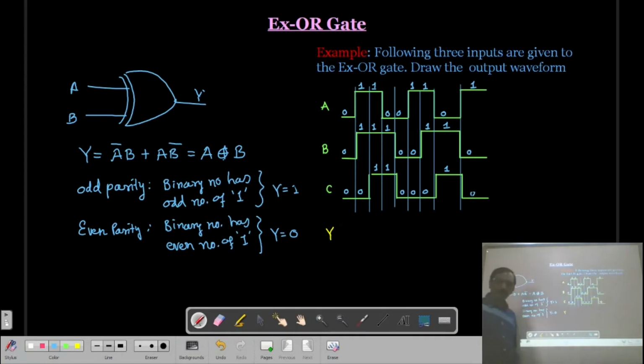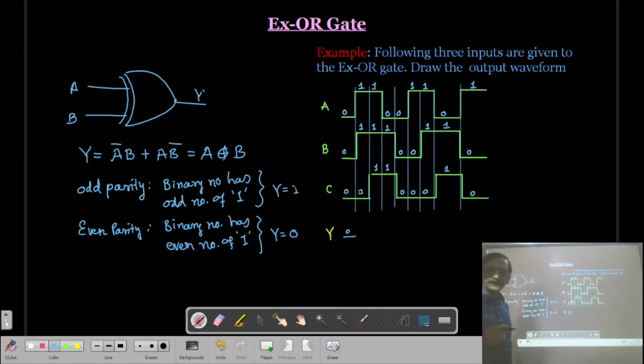Once you write this, then you see whether ABC is with the odd parity or the even parity. You don't have to remember the truth table. So here if A, B, C all are 0, then naturally your output is also going to be 0. Then here 1, 1 and 0 is there, and the second time also 1, 1, 0.